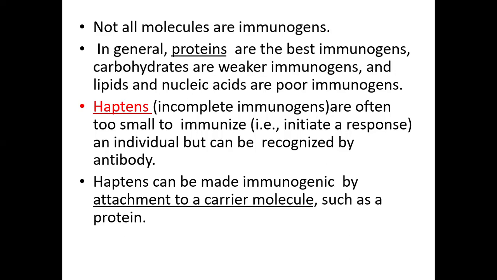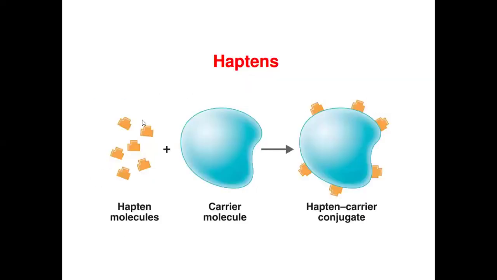But if they connect with something like adjuvants, they can become immunogenic. So haptens are also antigens, but not complete. They need to attach to a carrier molecule, such as a protein.